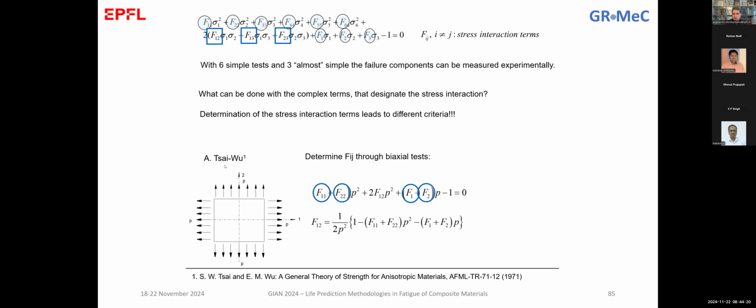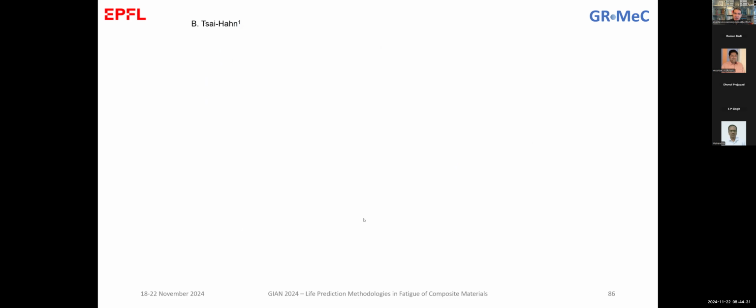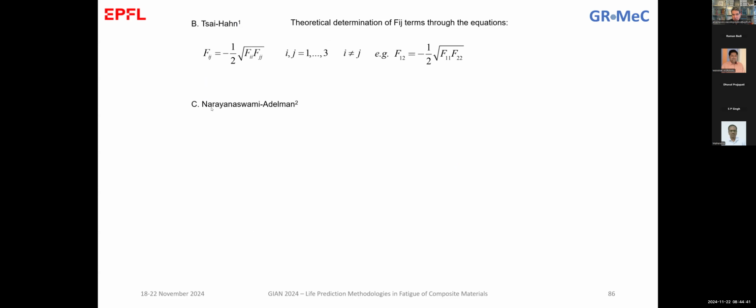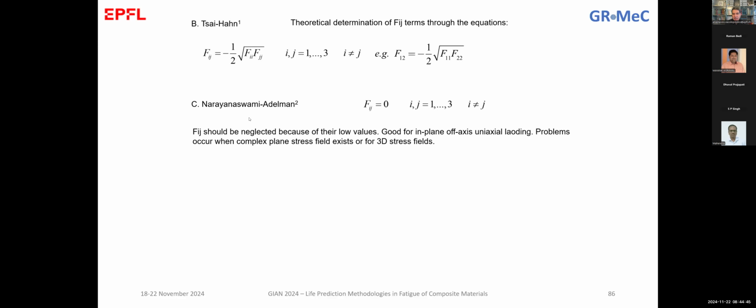First of all, Tsai and Wu, in their paper in 1971, suggested to calculate these terms by this equation. Tsai and Hahn, the same Tsai with another professor at the time, suggested to calculate the interaction terms by this equation. And then another group of people suggested to neglect these Fij terms because they are very low in value, so it doesn't make any difference.